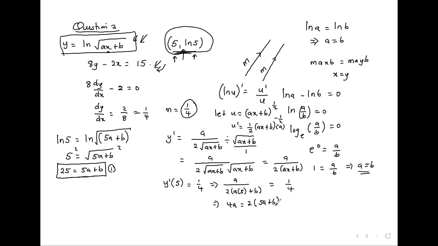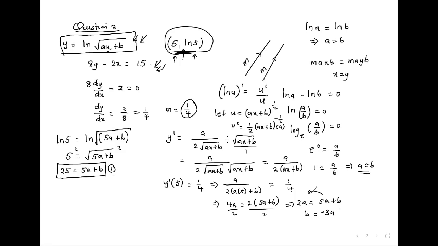If we cross multiply and divide by 2, we get 2a is equal to 5a plus b. What does this mean? This means that b is equal to negative 3a, if we take this to the other side.